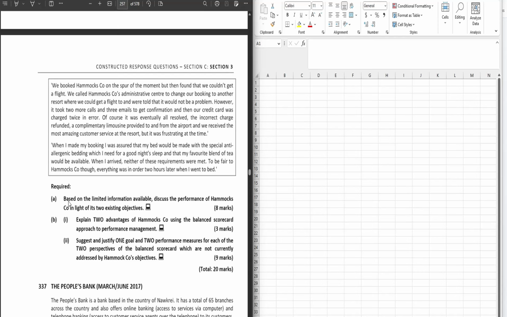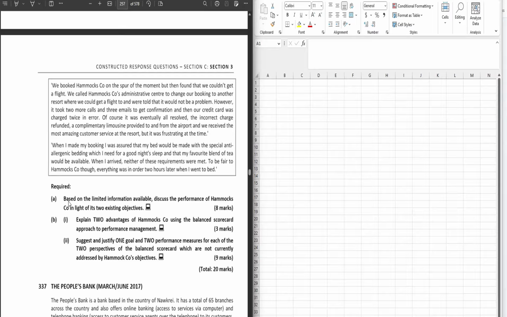So in the first part, they are asking, based on the limited information available, discuss the performance of Hammock Company in the light of its two existing objectives. So there will be objectives of the company, and based on the information they have provided, we need to discuss the performance of this company based on the two objectives listed in the scenario, and this is for 8 marks.